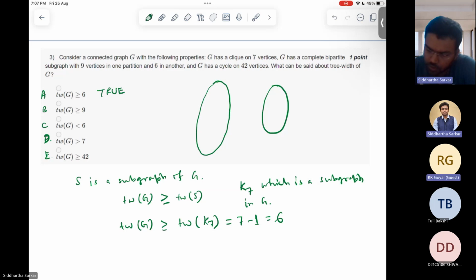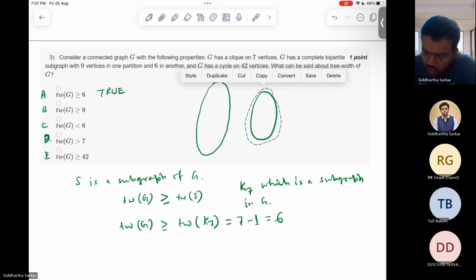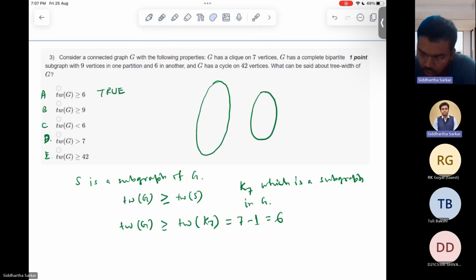No, no. The graph is very large. A small portion of that graph is a K7. On another side, maybe somewhere in another direction, the graph has another subgraph, which is a complete bipartite graph, where one partition has 9 vertices and the other partition has 6 vertices.